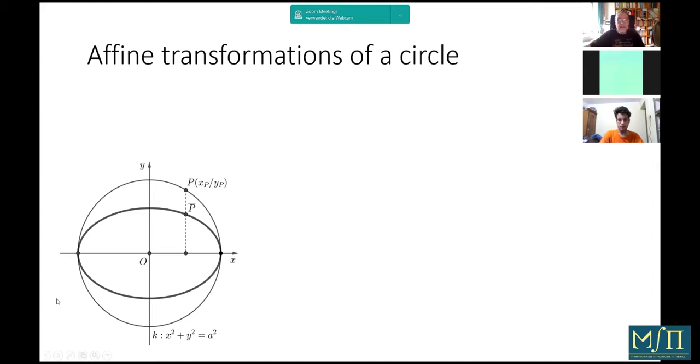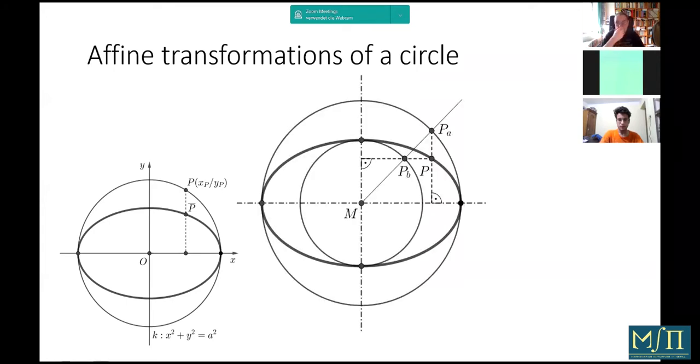So the idea here is that every point of the type that I've called p bar here, which is a point on the ellipse, will map onto some point p on the circle with coordinates x_p, y_p, but we won't need the coordinates for what we're doing here. So each point p bar on the ellipse maps to a point p, and the line joining them will always be perpendicular, in this case, to the x-axis, to the line that is pointwise fixed for this specific affine transformation.